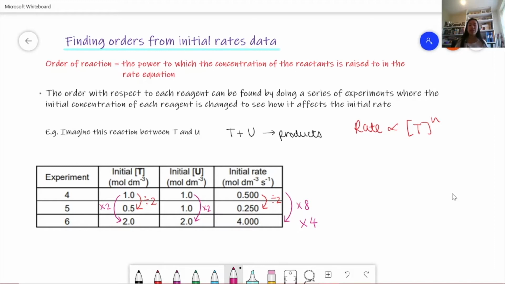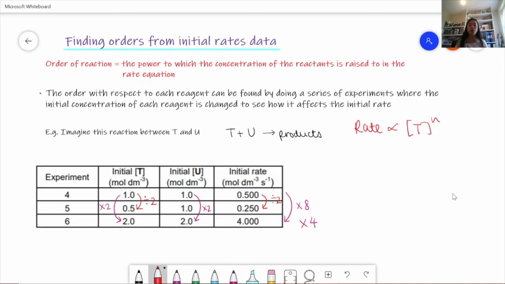And so this means that the order with respect to U is 2 because 2 squared is equal to 4. The order isn't 1 because we're multiplying the concentration of U by 2, the initial rate isn't doubling as well, it's multiplying by 4.